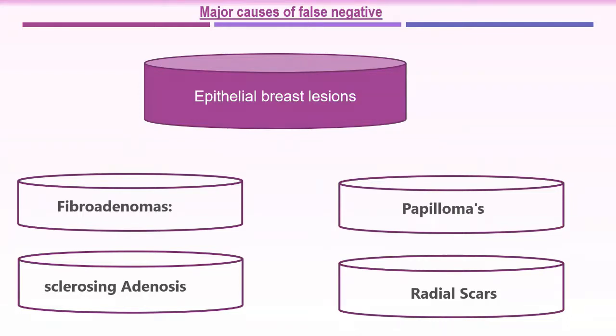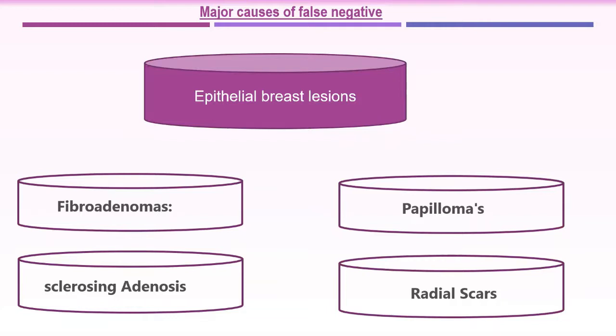What is the difference between the proliferative and non-proliferative? What is the clinical significance? Why is it concerning us? Why are we saying this lesion is proliferative and the other is not? What is the significance for that?